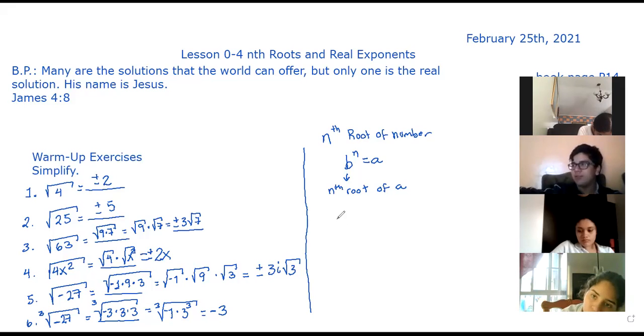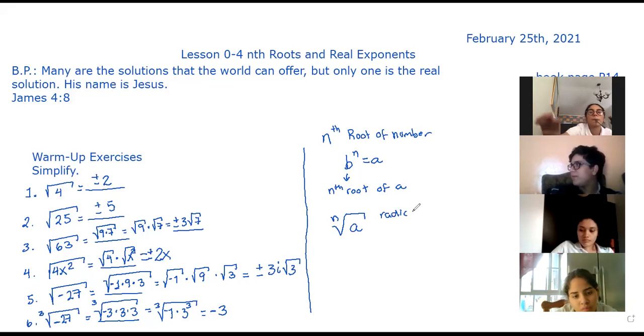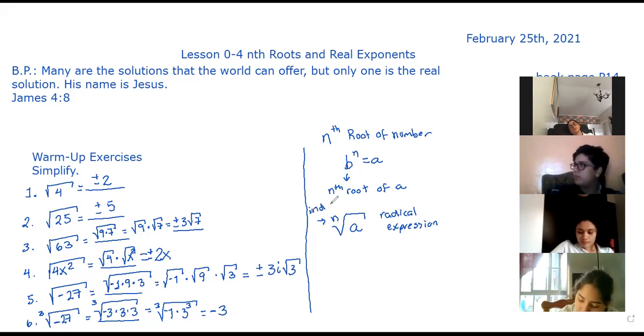When you have a radical expression, this is known as a radical expression. This n is known as the index, and this is known as the radicand.